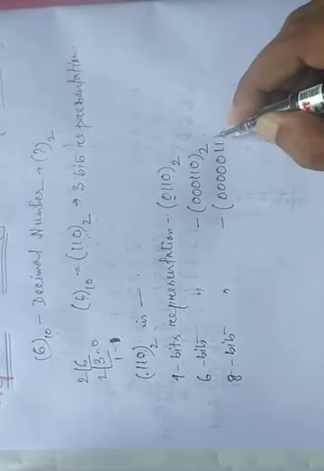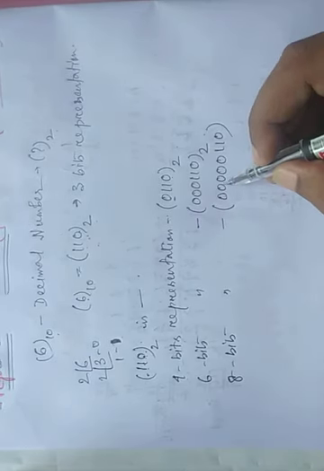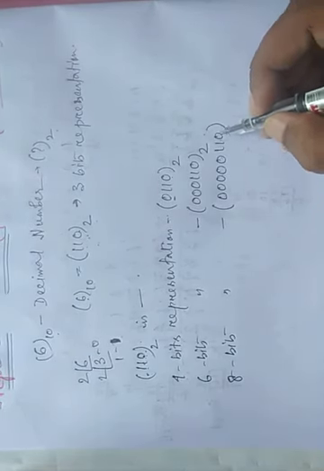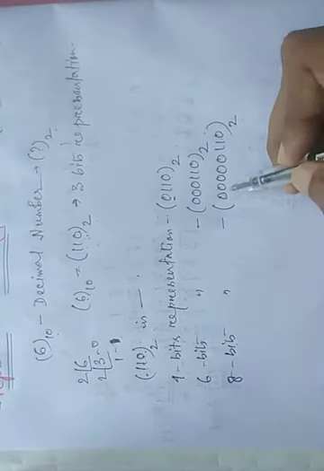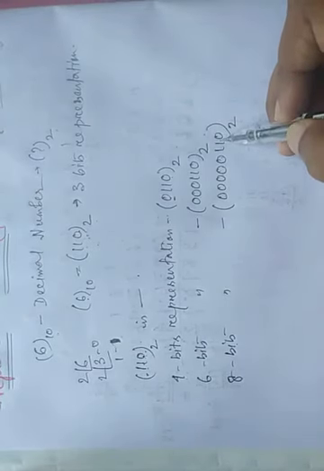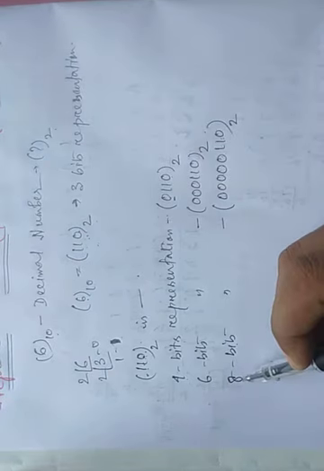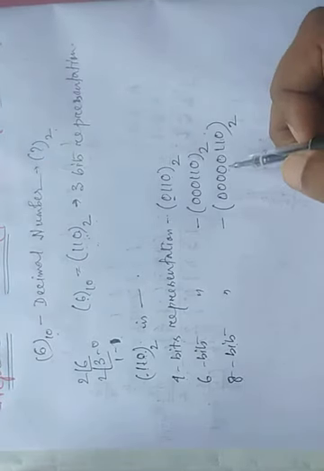After that we write these bits: 1, 2, 3, 4, 5, 6, 7, 8. So this is the 8-bit representation. For the number of bits we want, we add as many 0s as needed on the left-hand side.